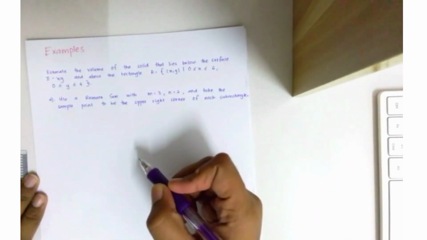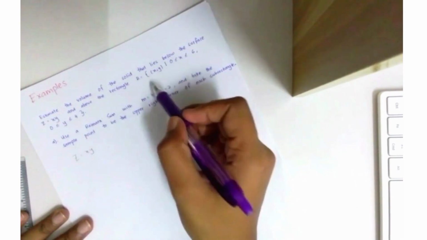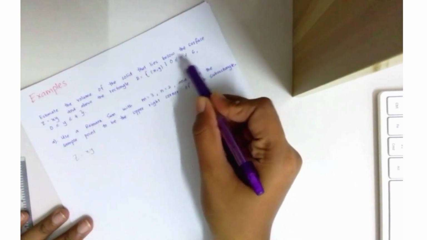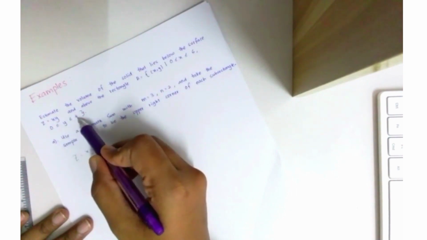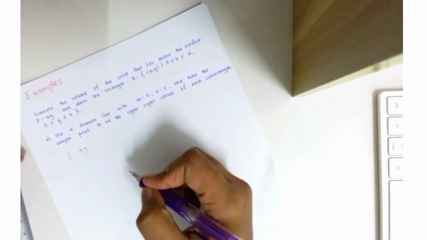First of all, let's take out all the given information. We know that the function is z equals xy, and the limits of the rectangle are x from 0 to 6 and y from 0 to 4. So now we can start to sketch the graph.